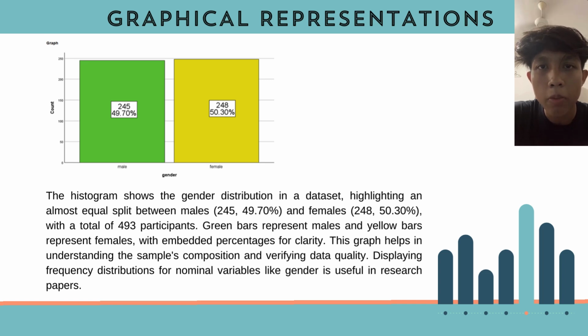The green bar represents males and the yellow bar represents females, with embedded percentages for clarity. This graph helps in understanding the sample composition and verifying data quality. And displaying the frequency distribution of a nominal variable like gender is useful in a research paper.